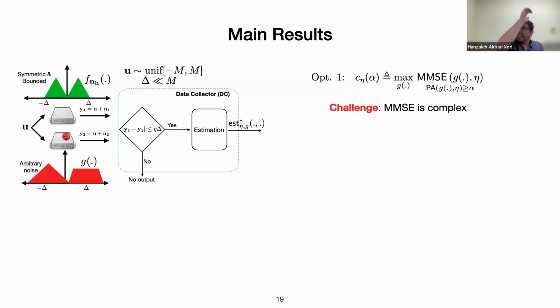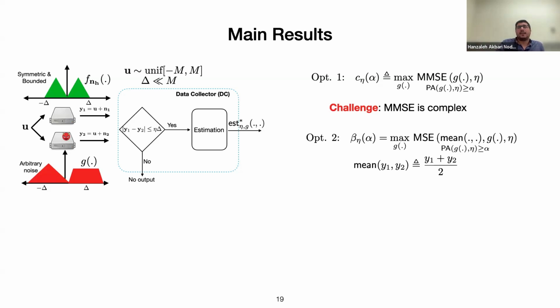But you know what? Again, this problem is also challenging. The reason is that the MMSE is a complex function over the noise. For any noise, you may have a very complex estimation function, which is the MMSE estimator. So the MMSE is a very complex function of the noise.